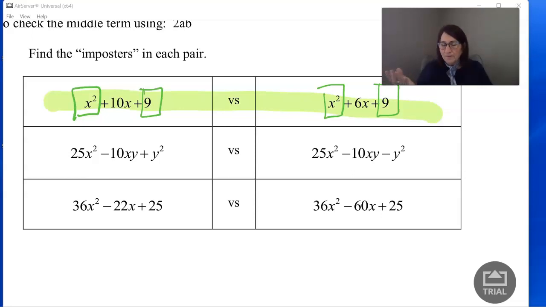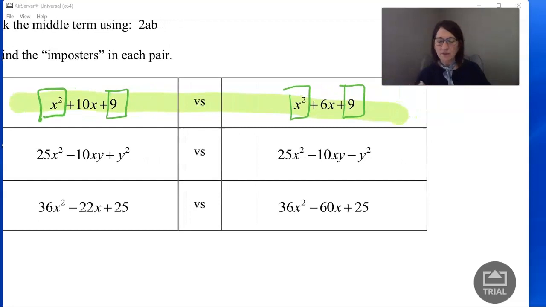How do we know? Okay, well, let's go ahead and create our binomial squared. Take the square root of that x squared. It's x. The square root of 9, 3. And then because there's a plus sign between the first and the middle term, it's a plus in our binomial.